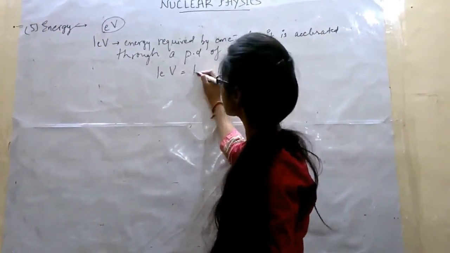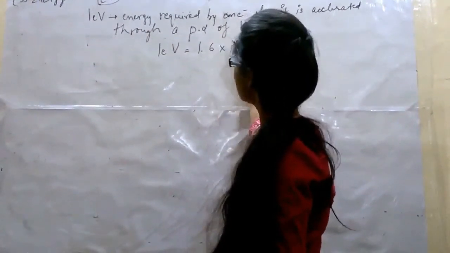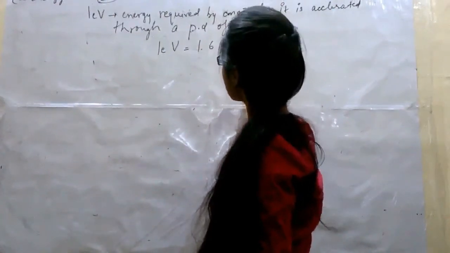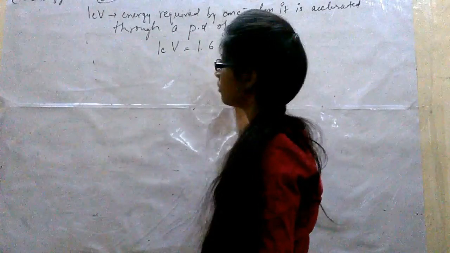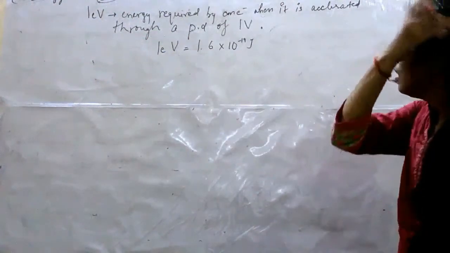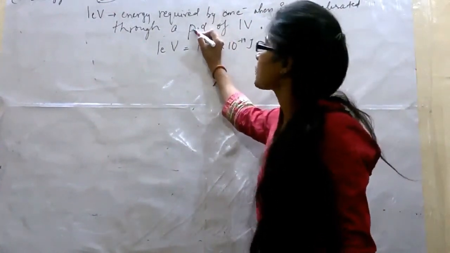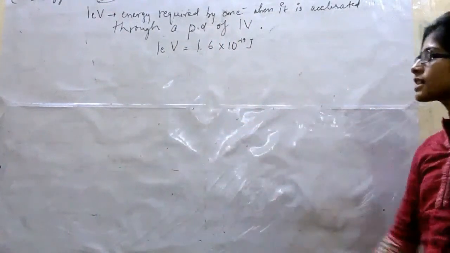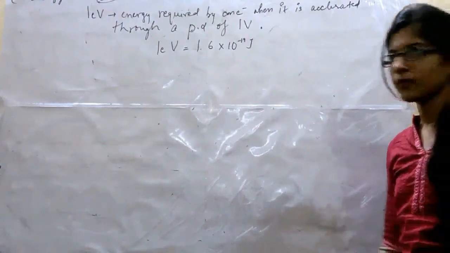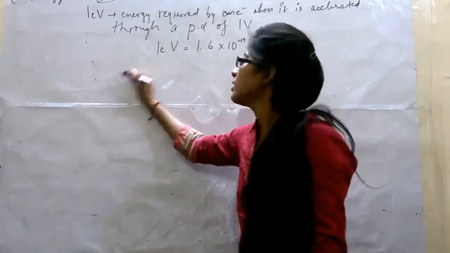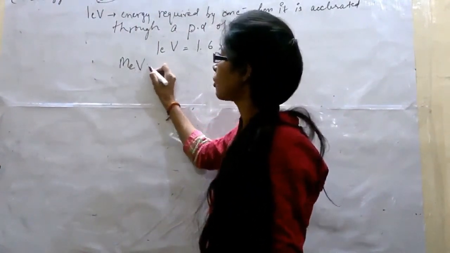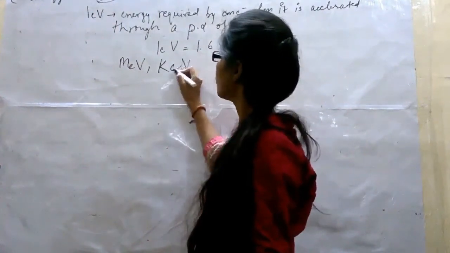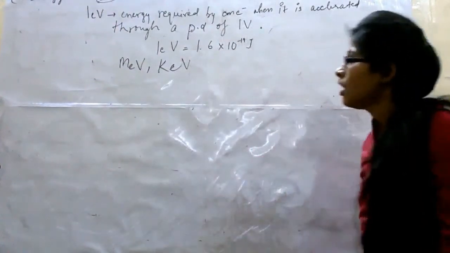And 1 electron volt is equal to 1.6 into 10 to the power minus 19 joules. The SI unit of energy is basically the joule, but in nuclear physics we don't use the joule. For higher order energies we use mega electron volts, kilo electron volts, and further.